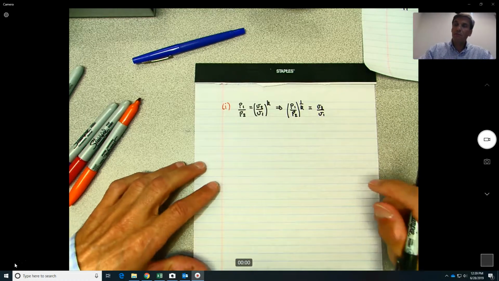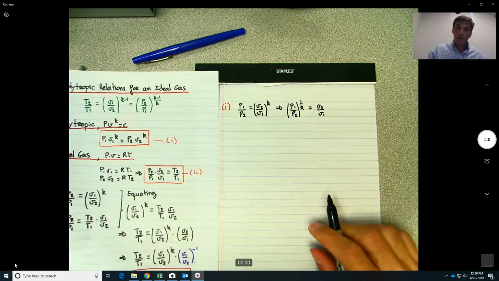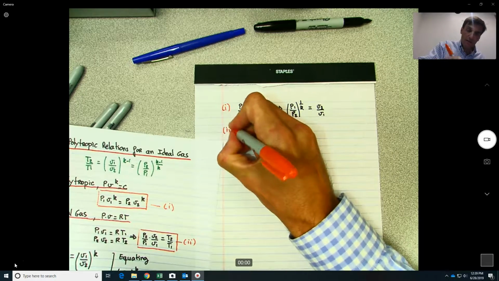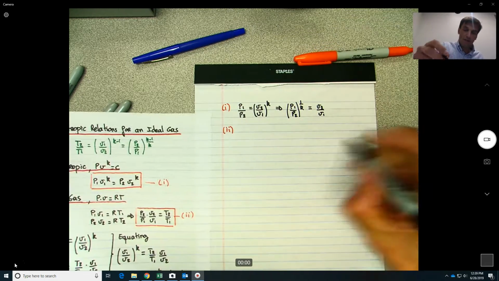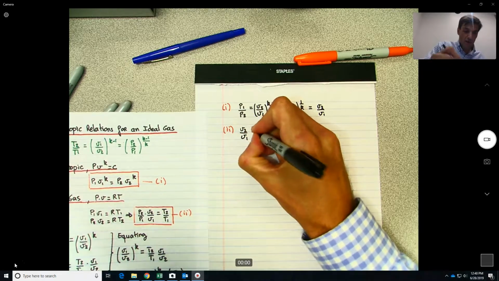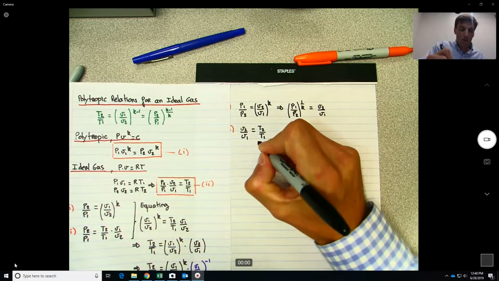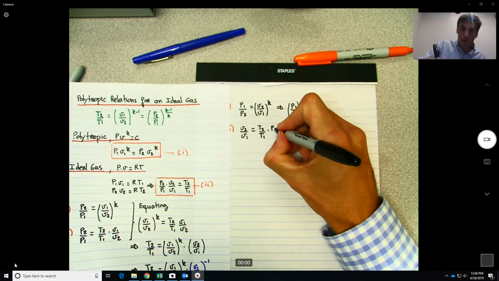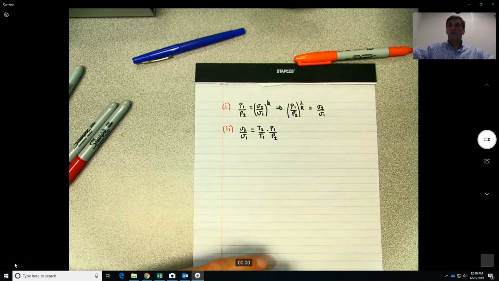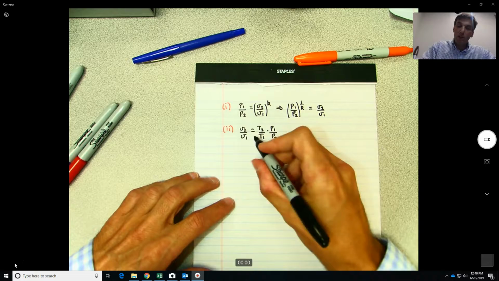Alright. And from the second expression, which will be this one, we can write down that V2 over V1 will be equal to what? T2 over T1 times P1 over P2. So you see, once again, we have two expressions for V2 over V1, so we can equate one to the other.